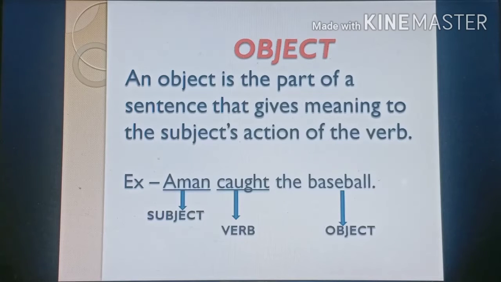Aman is the doer of the action, so hence it is a subject. Caught is the action word over here, so it's a verb. Now what is the subject's action? What is giving meaning to this sentence is the word baseball, which is acting as an object over here. So an object is a part of the sentence that gives meaning to the subject's action of the verb.